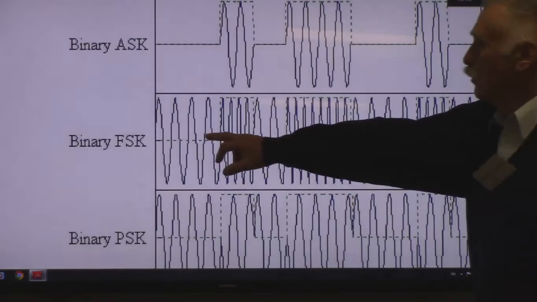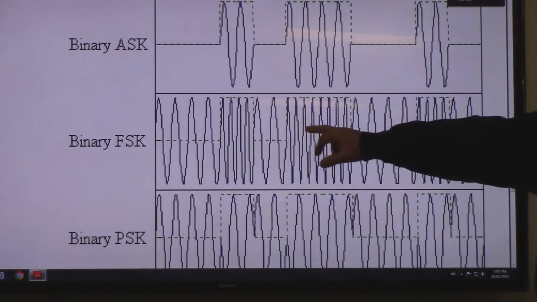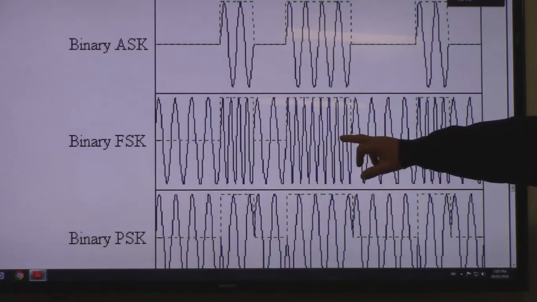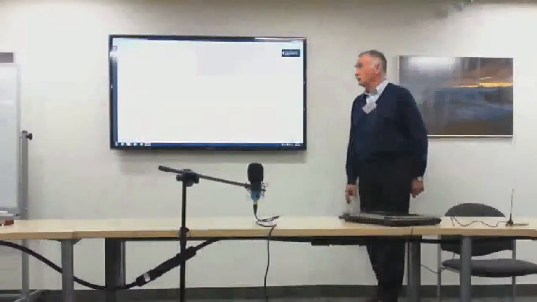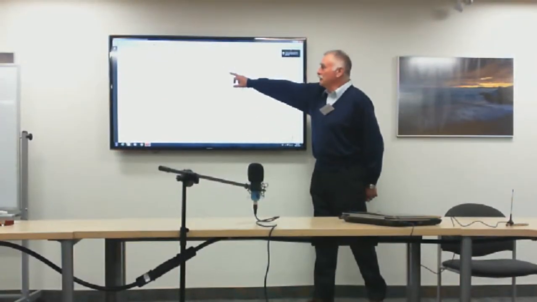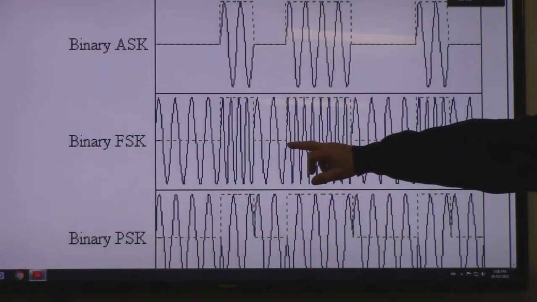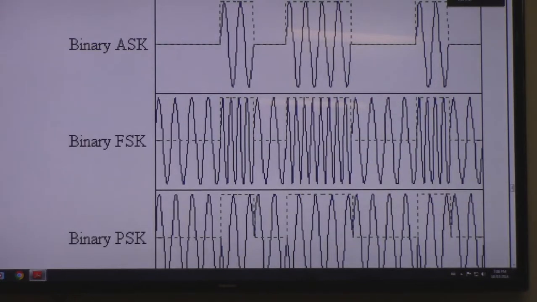So there is a lower frequency for a 0, a higher frequency for a 1, and you can pick out how there were two 1 pulses. There is a wider section on the horizontal axis here where we have those audio frequency tones. So opposite amplitude shift keying, certain digital modes use frequency shift keying. So the frequency is hopping back and forth each time a 1 and a 0 is coming.